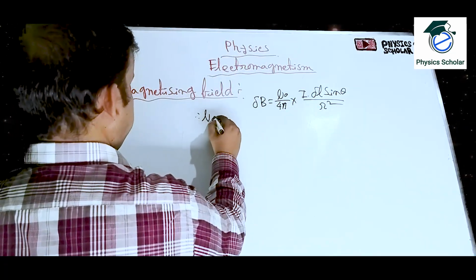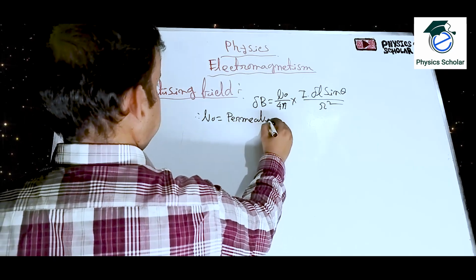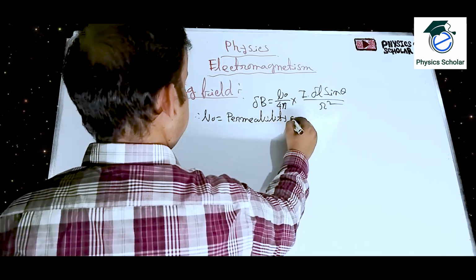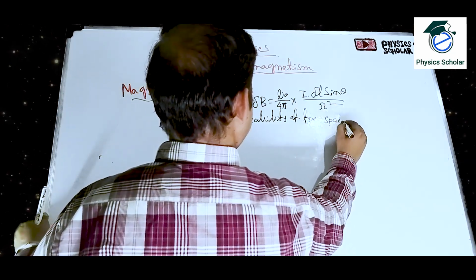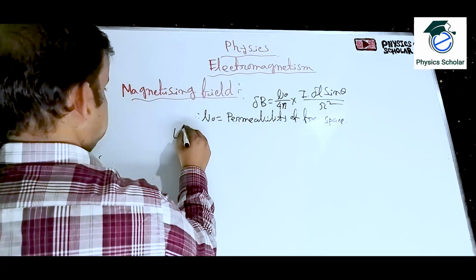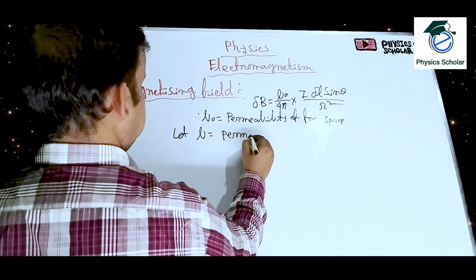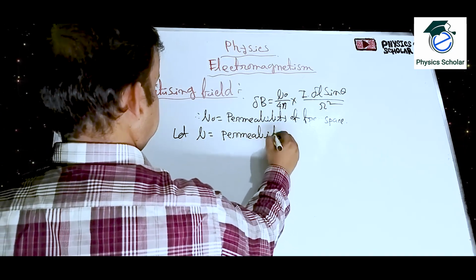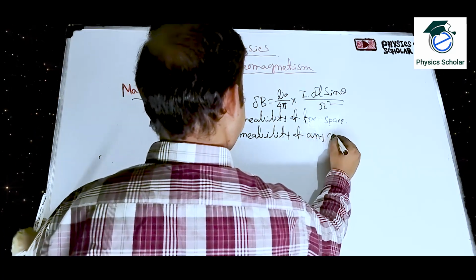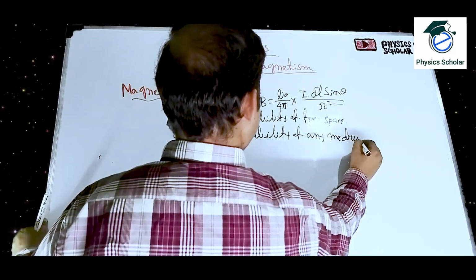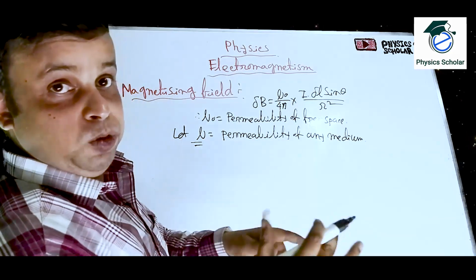Here mu 0 is the permeability of free space. Let mu be the permeability of any medium. The permeability of medium mu will differ from medium to medium.